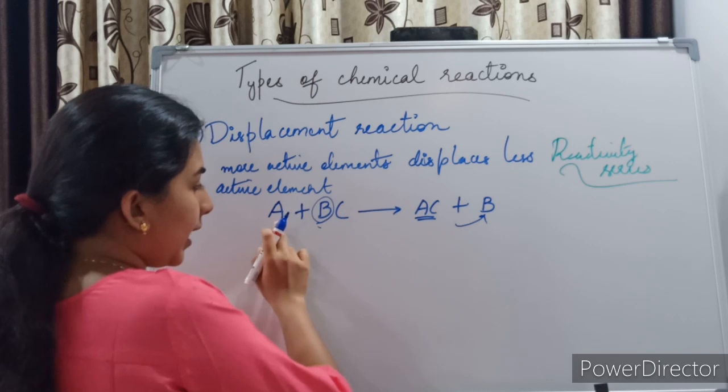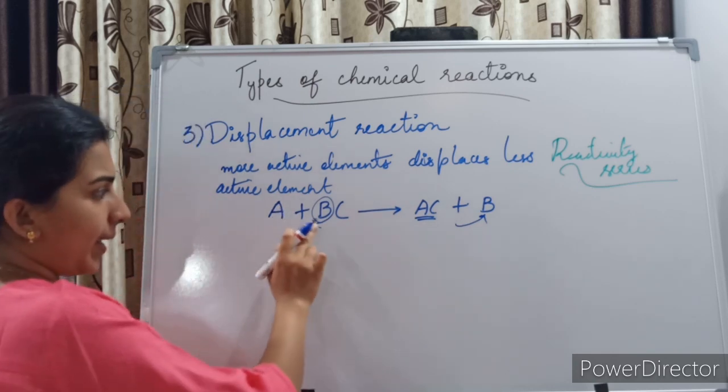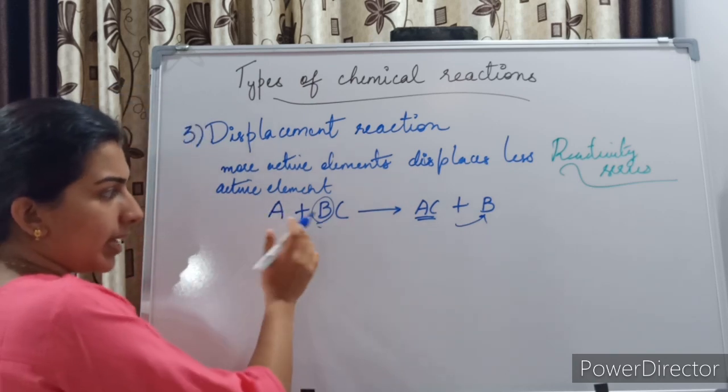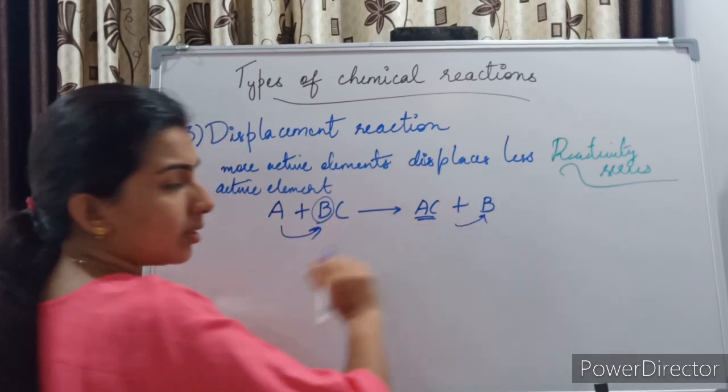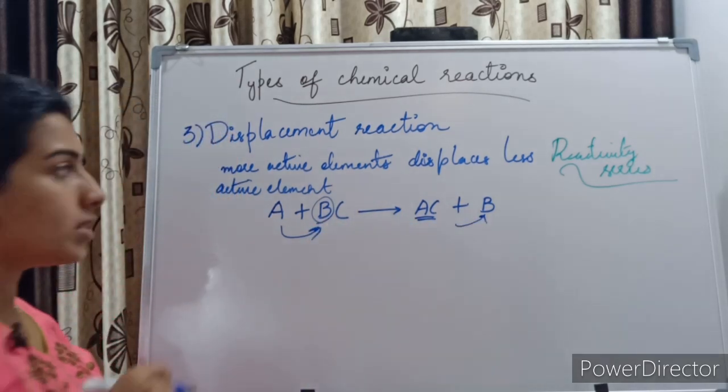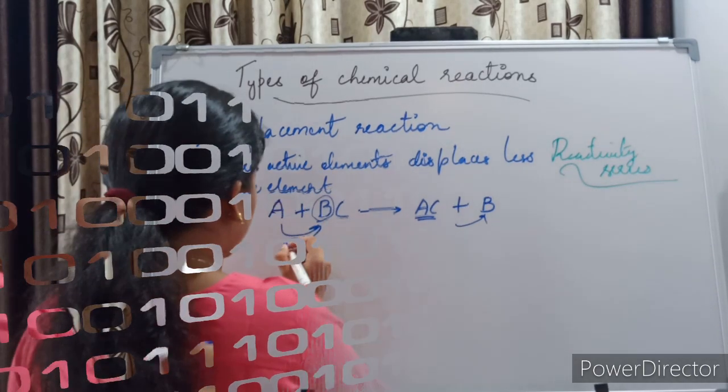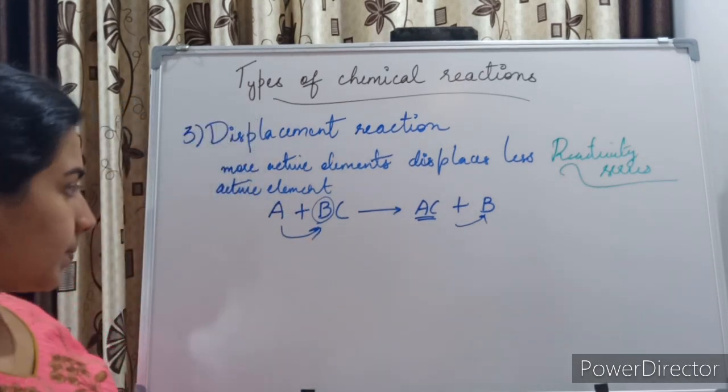Here A is much more active than B. So A replaces B and throws out B. This is what a displacement reaction is. We will go for some examples.